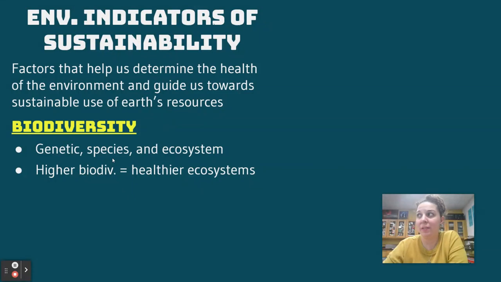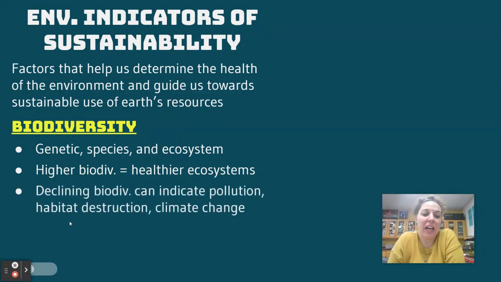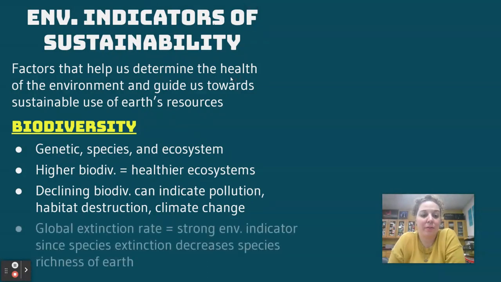The more species we have, the more complex a food web we can have, and ecosystem biodiversity just provides different habitats. Declining biodiversity can show us that we have pollution, habitat destruction, and climate change, and none of those are sustainable actions.